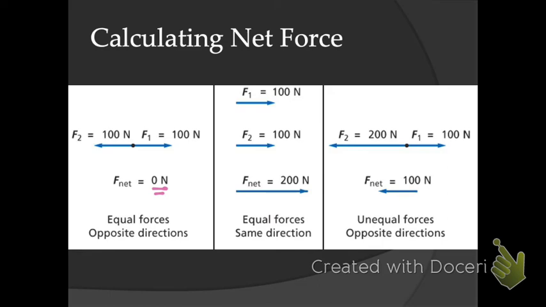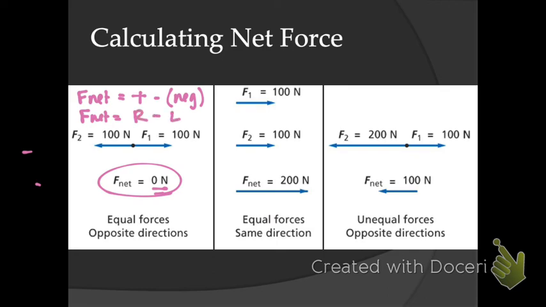Now, I'm going to give you a really simple template for how we calculate the net force. The net force we calculate by taking positive forces minus negative forces. You can think about it as rightward forces: F net equals rightward forces minus leftward forces. You did that calculation in your head really quickly.